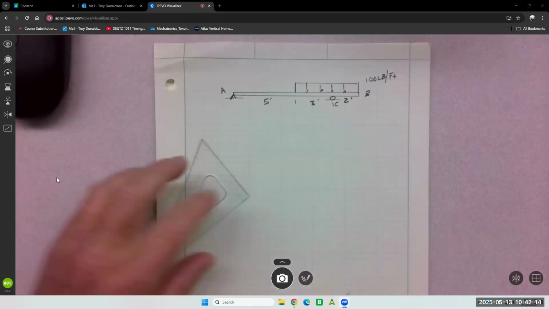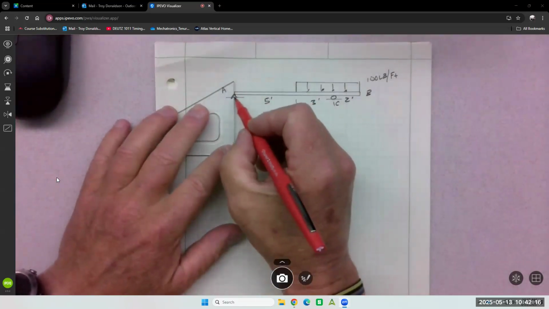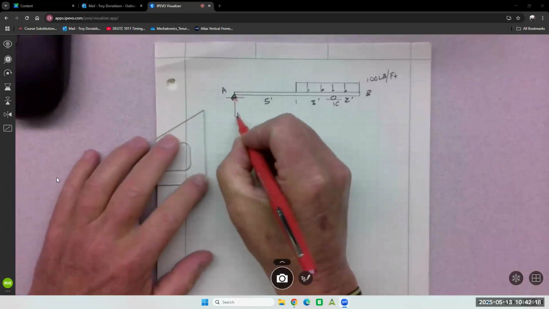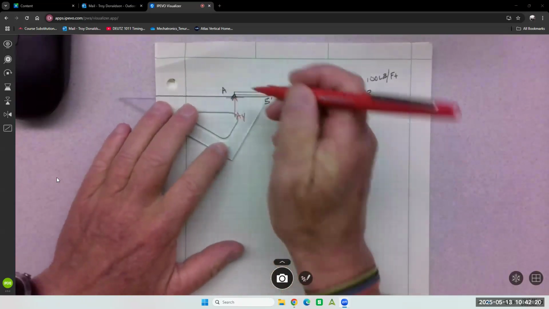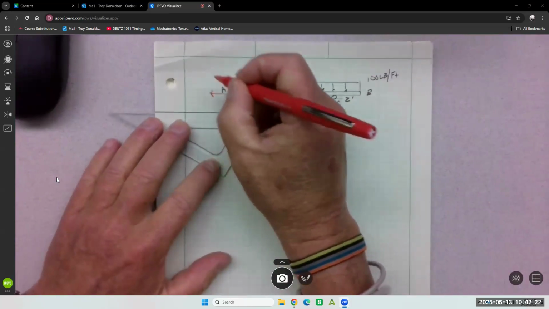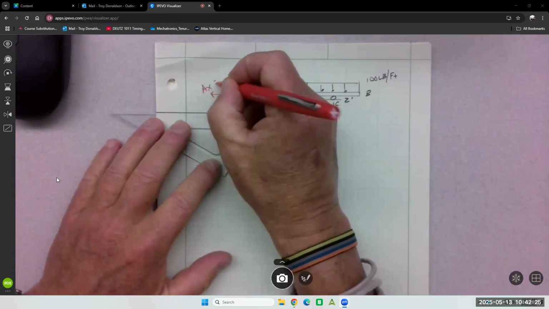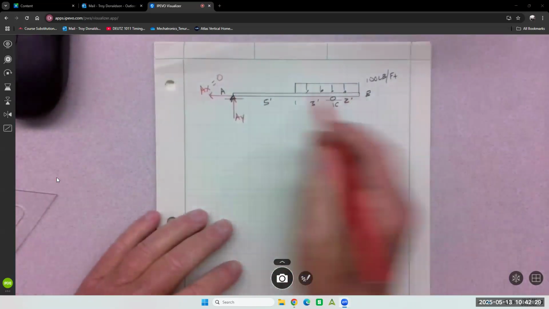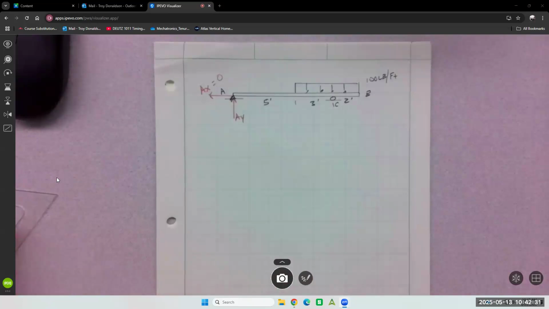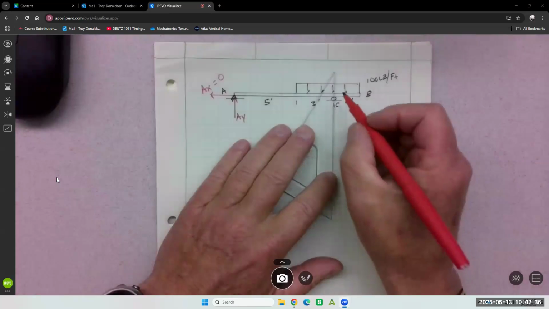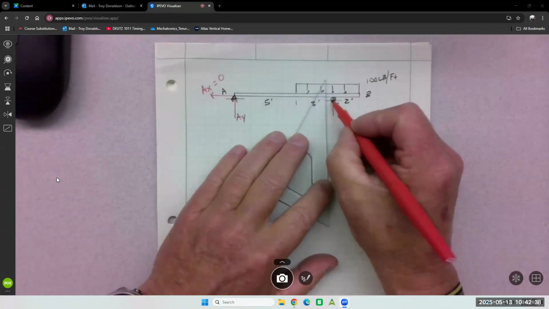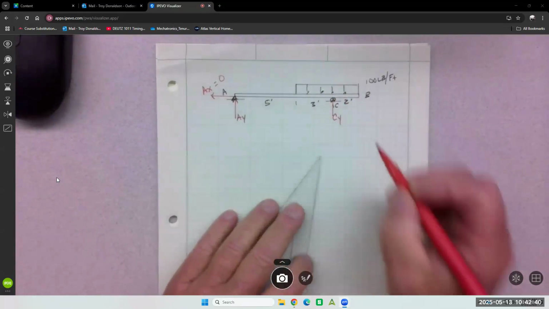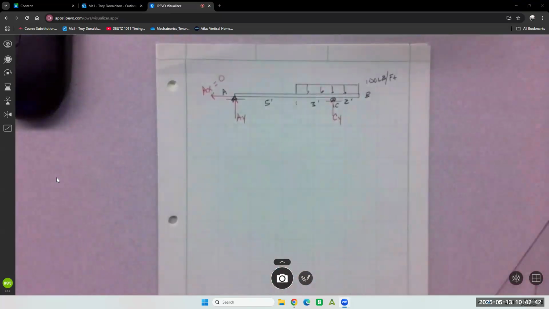Two, an X and a Y. What's AX equal to? 0, because there are no X forces in the system. Good. How many does a roller get? 1. I'm guessing it goes up. CY. All the loads are coming down.